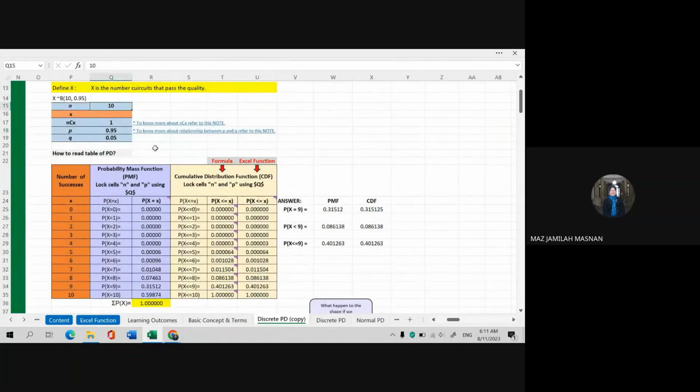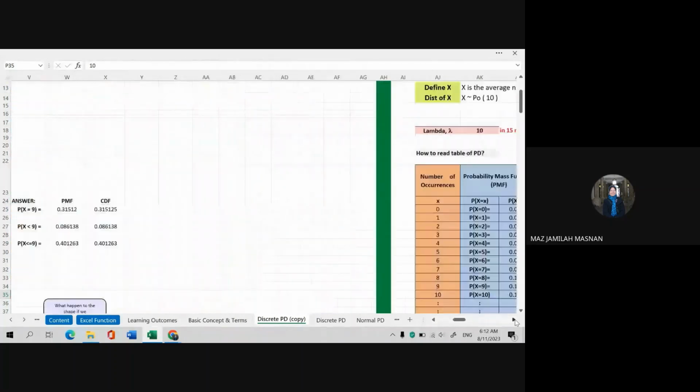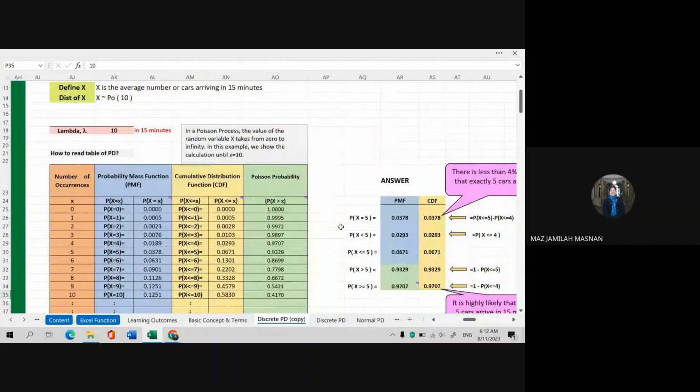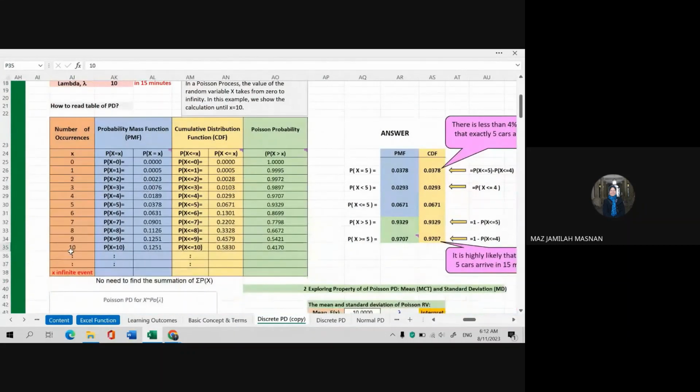For example, in the last video, we had 10 trials, and definitely we will stop at 10 successes. So the difference between binomial and Poisson is that in Poisson, the trials will not stop. It will continue until an infinite number of events.